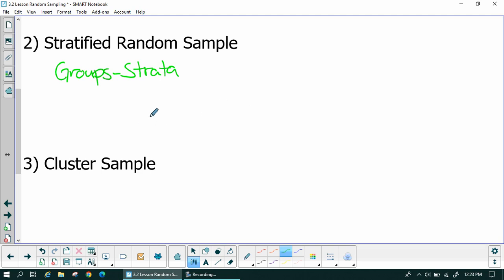So the best example for school would be we can break you up into graduation year, which typically would be freshmen, sophomores, juniors, and seniors. I know there's some variation there depending on how long you stay in school, but we can break that into freshmen, sophomores, juniors, and seniors. And so they have something in common, their age. And so what we would do is in each strata, we would take a simple random sample.